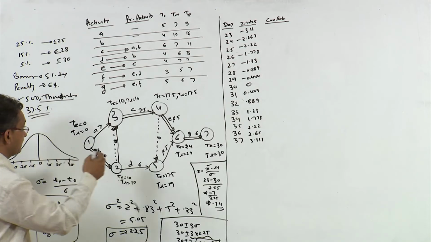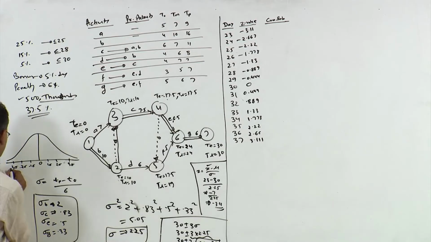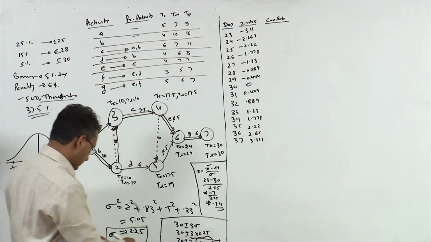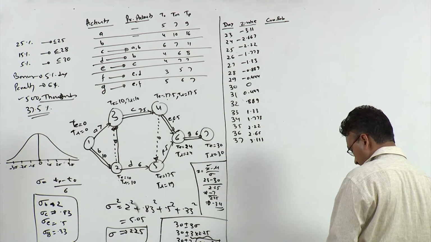So what we are saying is that for any value in this region, the area under the curve would be 0, right? And when we move towards this side, the area under the curve will increase, and at this point the area under the curve would be 50%, right? So any area under the curve beyond minus 3 sigma would be 0, right? This value you can take from the probability table, the Z table.